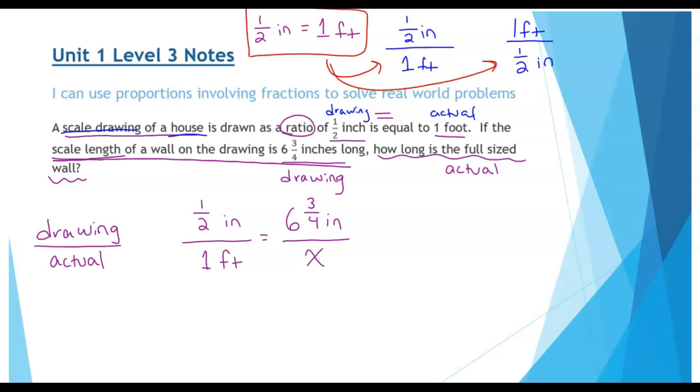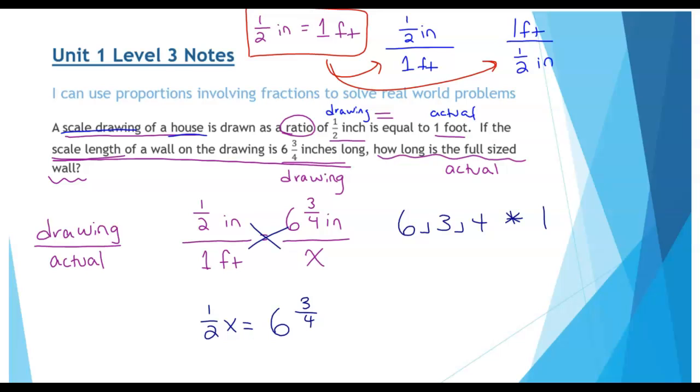Now, to cross multiply this, you can go ahead and use your fraction keys and you can practice that. So if you did a ½ times x, that would be a ½ x, and 6 3/4 times 1 is the same.